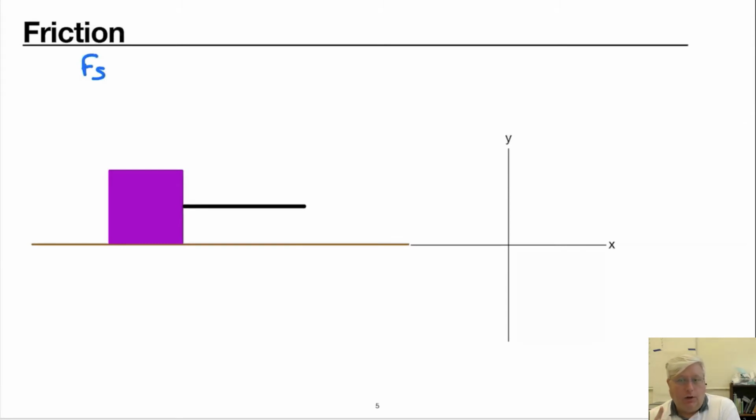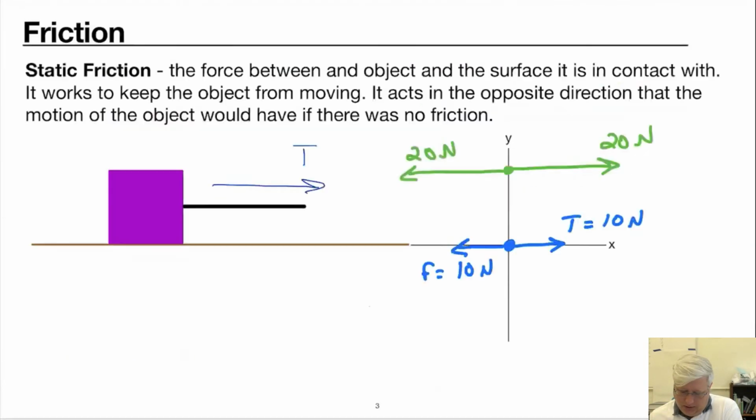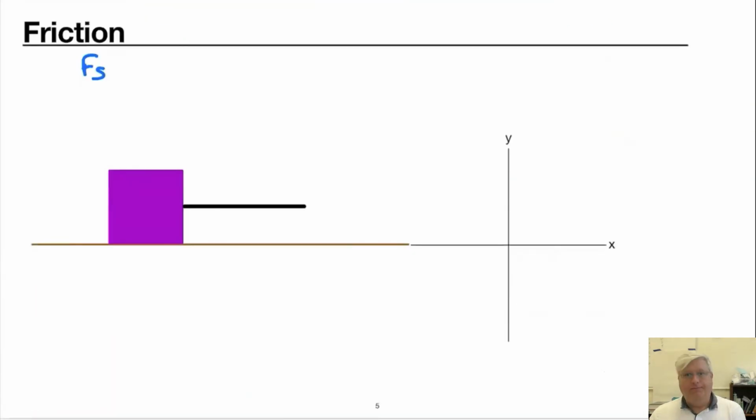There's not just one. So if you recall, when I showed you this, whether you pulled with 10 newtons or 20 newtons, if it required 30 newtons to move, then it could vary. So the static frictional force can vary between 0 and some maximum, and it's at that maximum that the object will start to move.